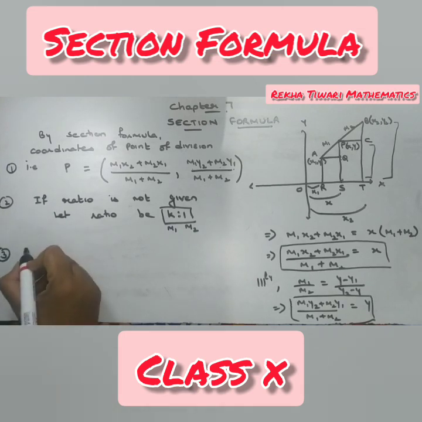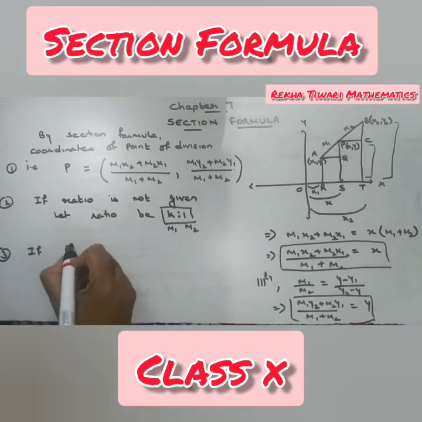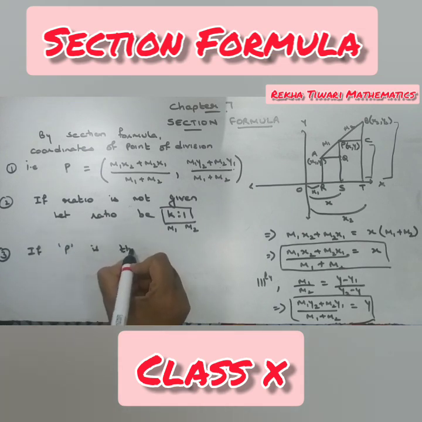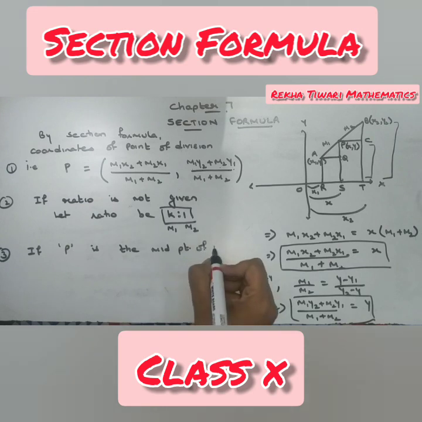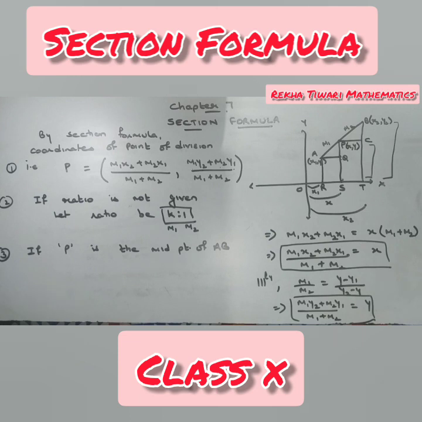Now come to the third case. The third case is if P is the midpoint of AB. Then in that case, since P is the midpoint, what is the ratio? The ratio is 1 is to 1, which means m1 is 1 and m2 is also 1.